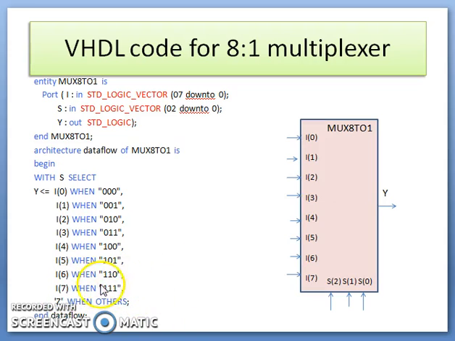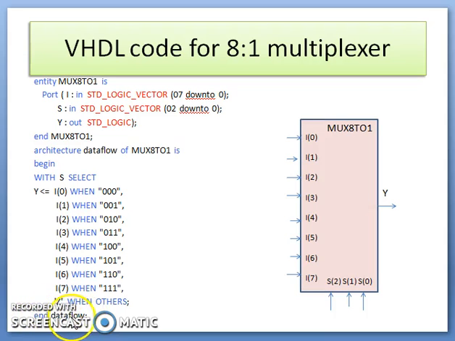Last, as I stated, every with select statement ends with others. When all combinations are over, the output goes into a high impedance state. For that, capital Z is the mentioned value, and others is also a keyword. After each statement, you have to give a comma, and at the end you put the semicolon, write end, and end the architecture.